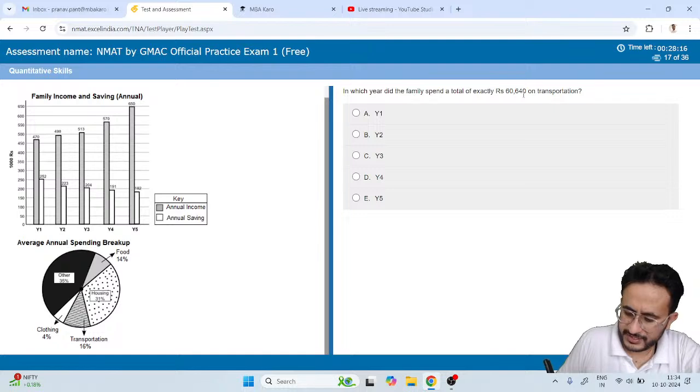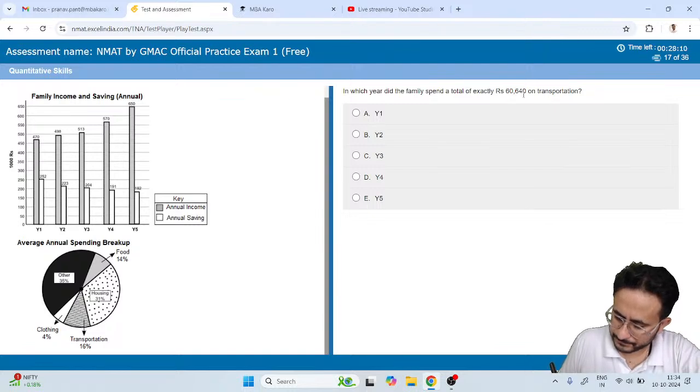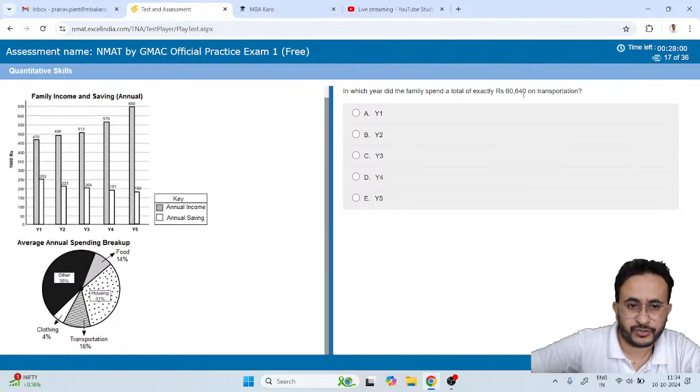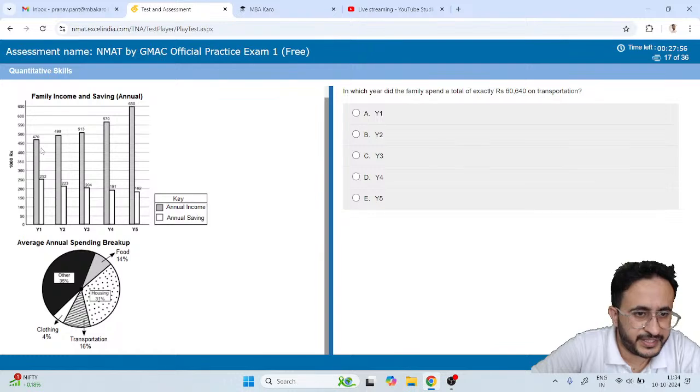So 16% is 60,640. Divide by 16, and we will get 3780 as the total expense. So let us see 378. Where is the difference of 378? This is 120, this is 275, 270, 309, 377.